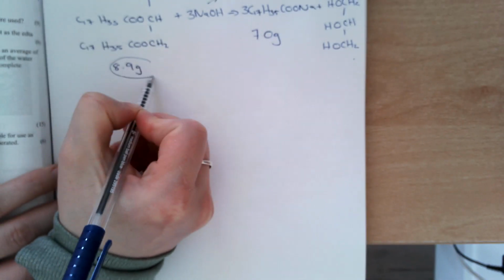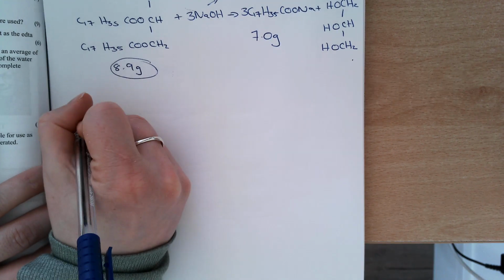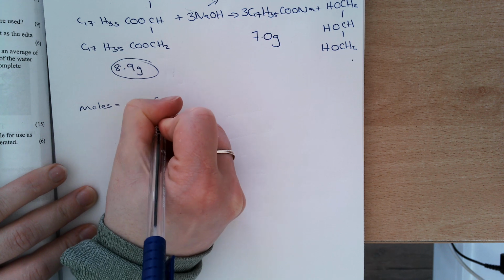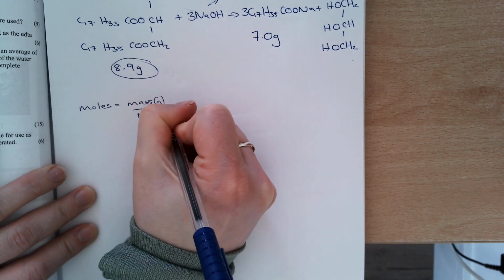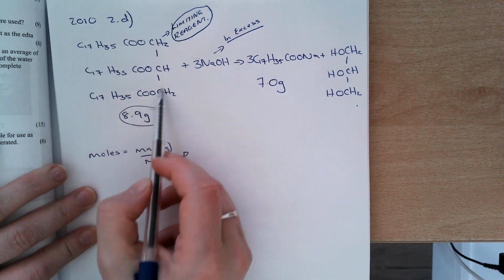So the first thing I'm going to have to do is work out my number of moles of my glycerol tristearate. Number of moles equals mass in grams over my relative molecular mass. And it is my relative molecular mass of all of this.